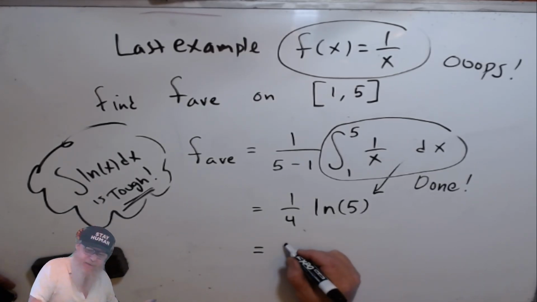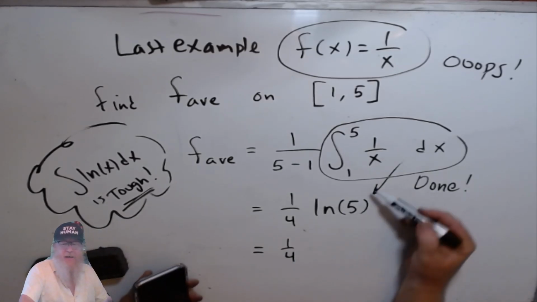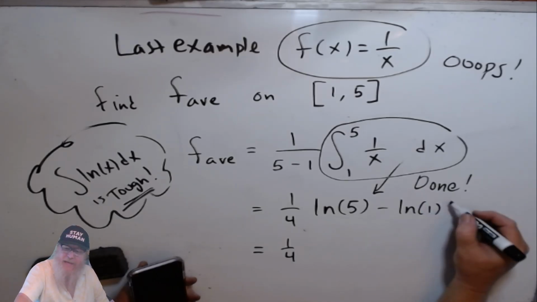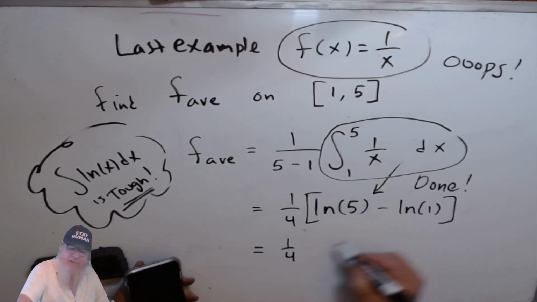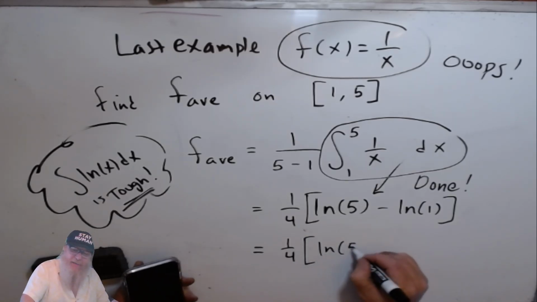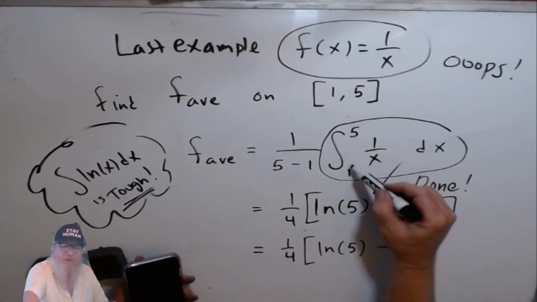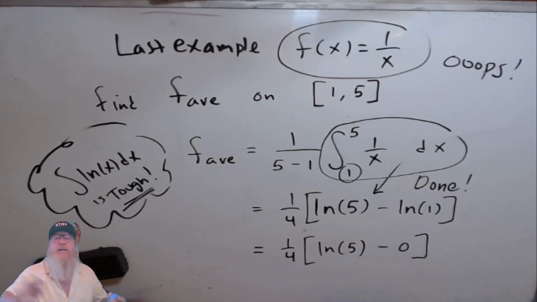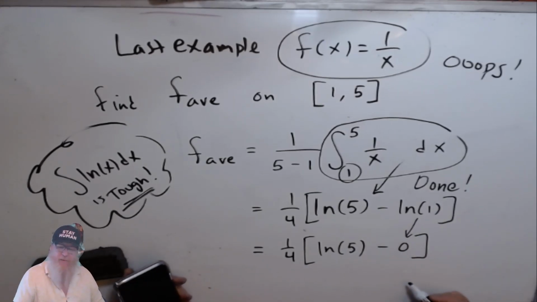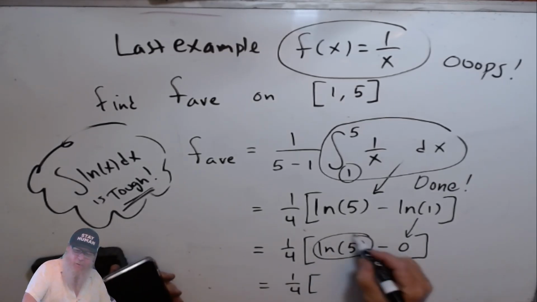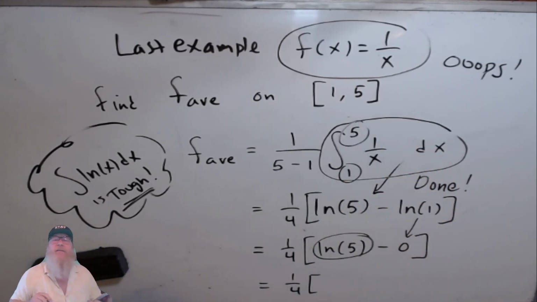All right, so I'm going to get 1/4. And I might point out that if you accidentally do this, that's okay, because the ln of 1 is equal to 0. So if you plug in the 1, it's not going to mess up your answer. I was just applying my fun fact, which is that you only need to find the ln of the upper bound, which is 5.